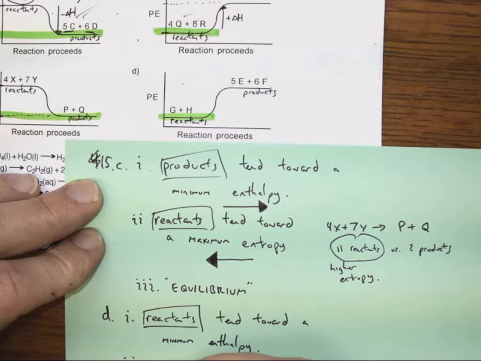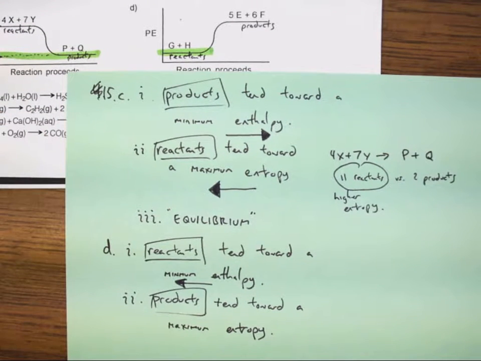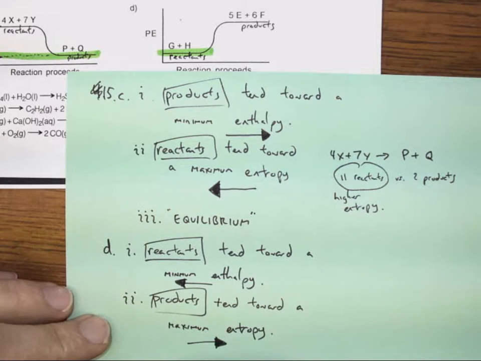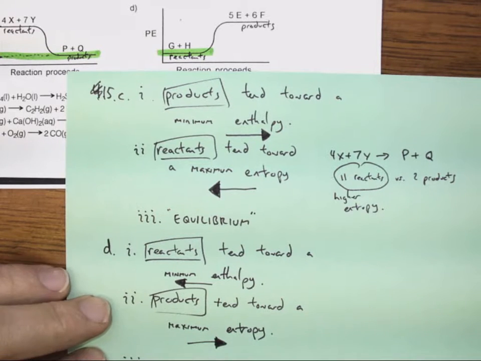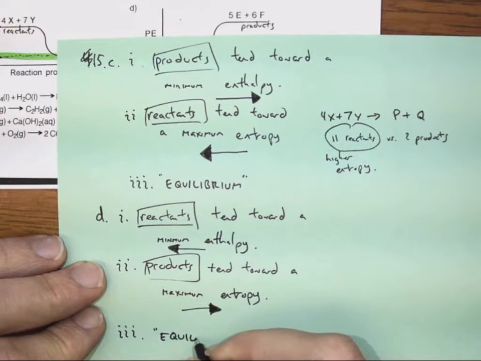So my products tend toward a maximum entropy. Oops, I was writing off the page again. All right, great. And so that forces this reaction forward into the product side. So there's two forces of the universe, an energy and an entropy argument. And if they are in conflict, just like they are previously, it means this lives in equilibrium.